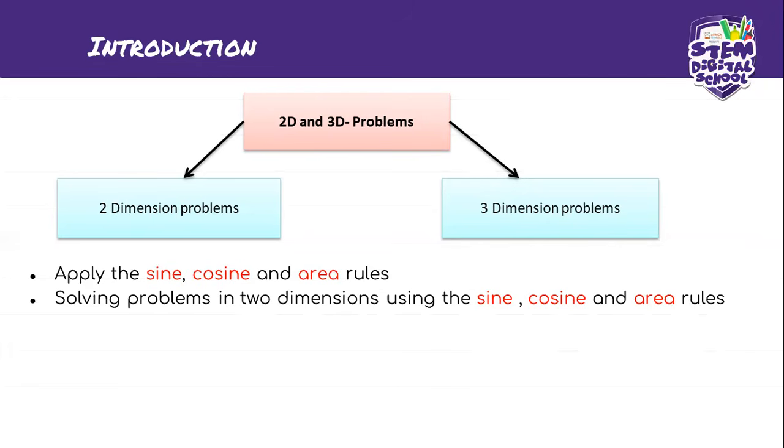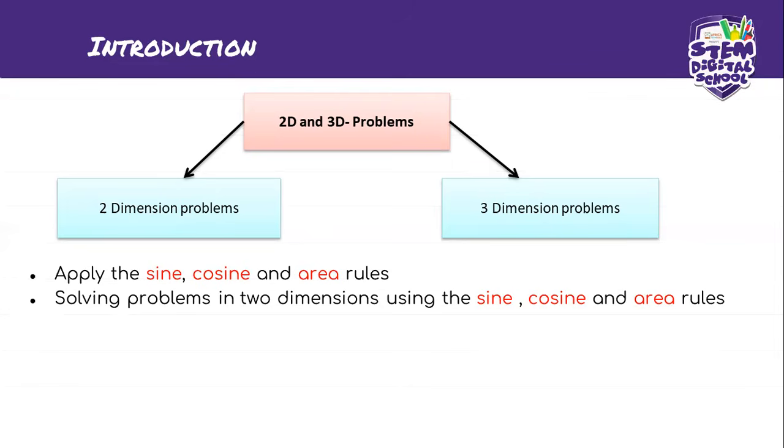But remember, for us, it's not a new thing. You remember you did this, learners, in grade 11, where you were given a 2-dimension problem, and we were applying what? The sine rule. We also applied the cosine rule and the area rule. So you're solving any problem that needs you to apply the sine rule, the cosine rule, and the area rule.